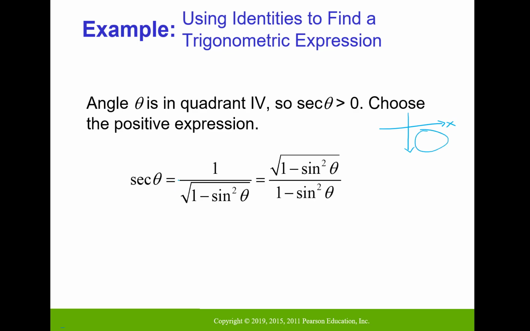And so we would say secant theta is 1 over square root of 1 minus sine squared theta. And then if you rationalize this expression by multiplying top and bottom by the denominator, the square root of 1 minus sine squared theta, then you will get this final answer over here where we have the square root on top and the expression without the square root on bottom.